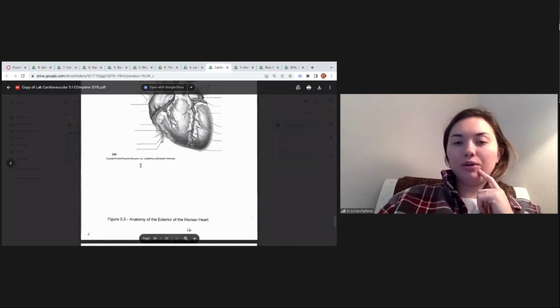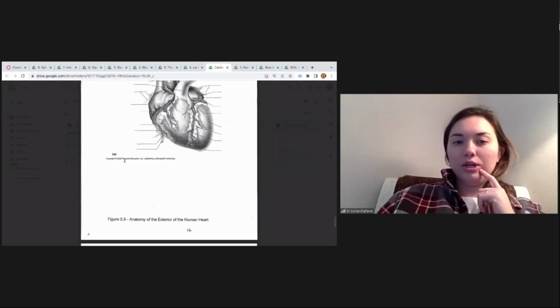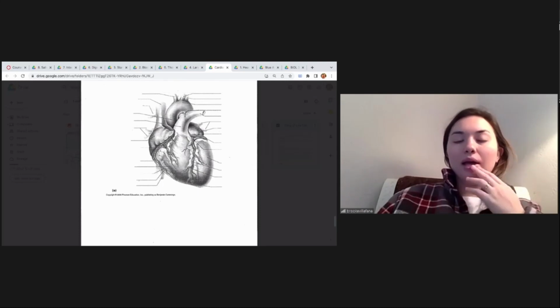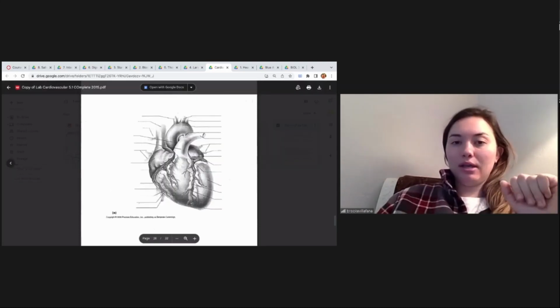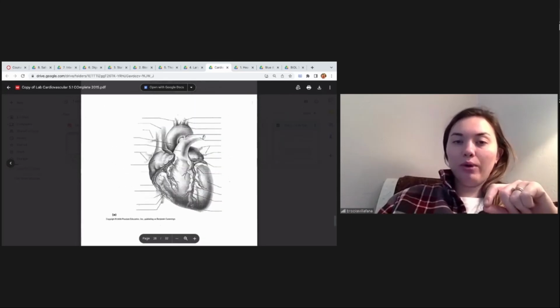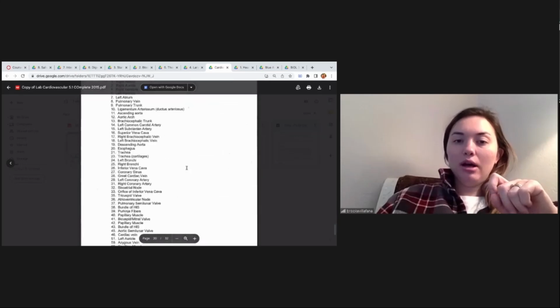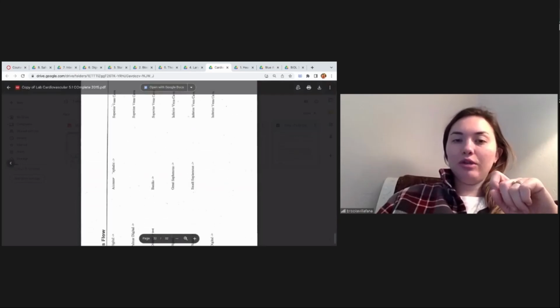And like I've shown you in SI already, you can just Google 2006 Pearson Education heart diagram, and it will pop up with the exact same one if you haven't done that already. So you do need to label this for full points. You'll get 2 or 3 points taken off if you don't label this page. And don't forget to fill these in.